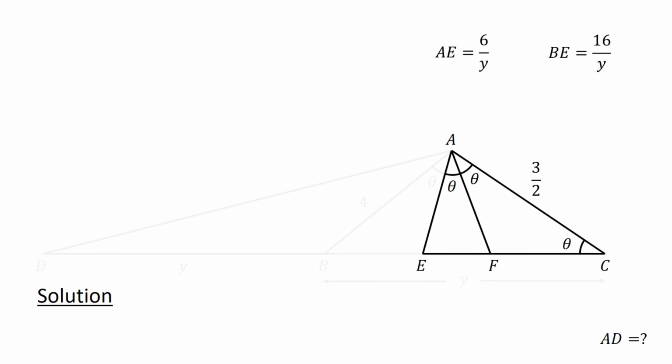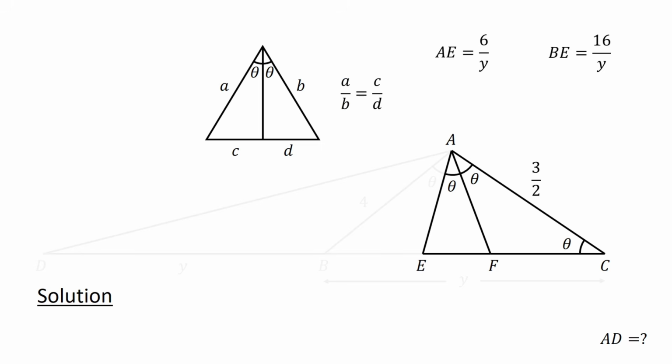Let's apply the angle bisector theorem to triangle AEC. Given a triangle with these dimensions, the angle bisector theorem tells us that A over B equals C over D. Applying it to triangle AEC, we obtain AE divided by 3 over 2 equals EF over FC.